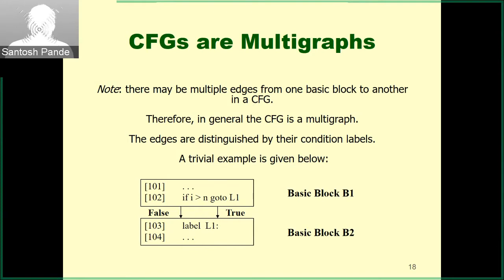And that region of interest could be mostly a loop. There are certain other regions of interest sometimes, which I will mention as we go along. And they also allow us to do certain quick analysis and optimizations without really iterating and propagating the information, because they don't have such iterative structures.